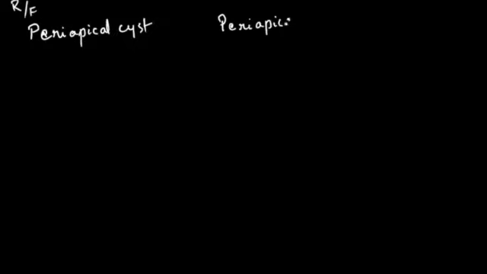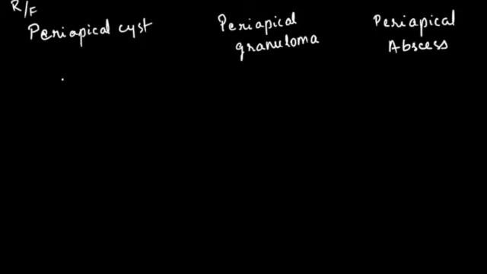Periapical cyst, periapical granuloma, and periapical abscess, all these are associated with the radicular portion, especially the periapical region. So how do we differentiate them? In a radiograph, all these appear as radiolucencies in the periapical region.